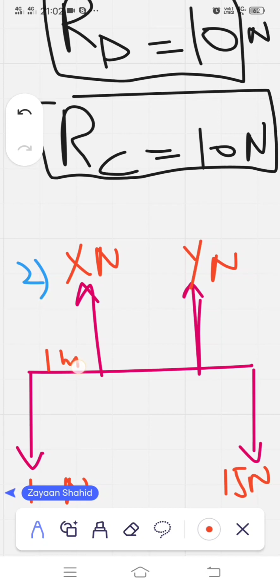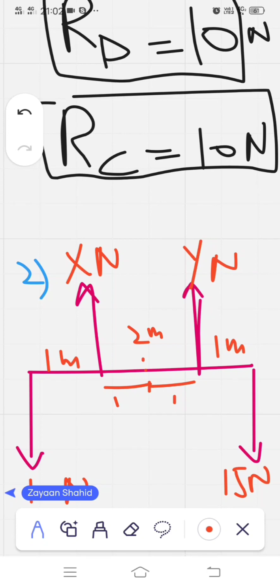This distance is 1 meter, this is 2 meter, and this one is 1 and this one is 1. Total is 2, and this distance is 1 meter. So we find the values of the unknown forces and distances.